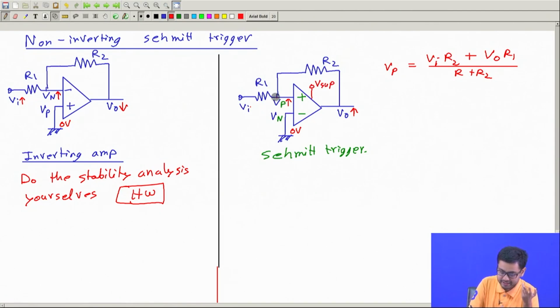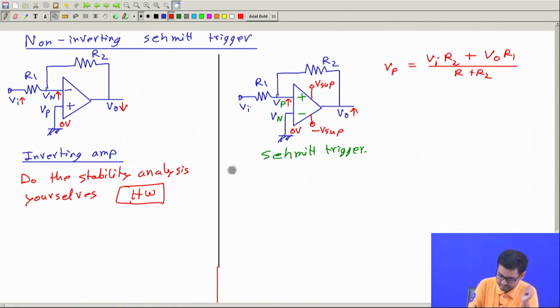Similarly, if Vp is lower than Vn at any moment, then output will decrease, which will cause Vp to decrease further, and with this chain reaction, output will go to minus V supply.